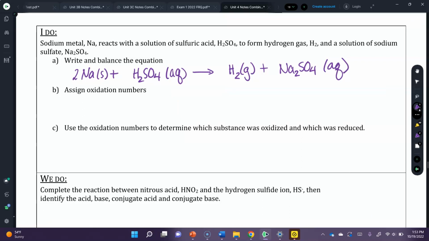Now I'm able to assign oxidation numbers. So I'm going to carefully write out all of my species here, so it's a little easier and I have some room to work.